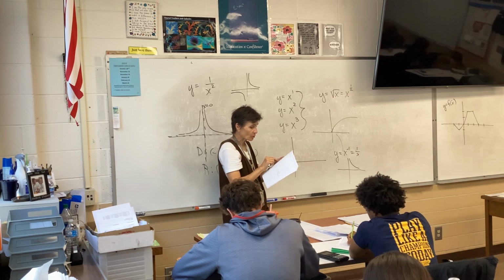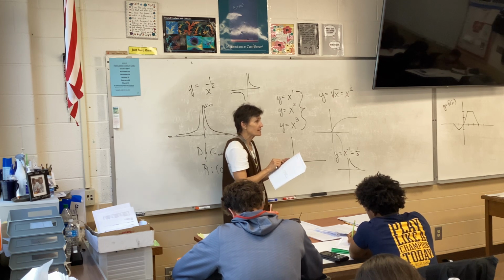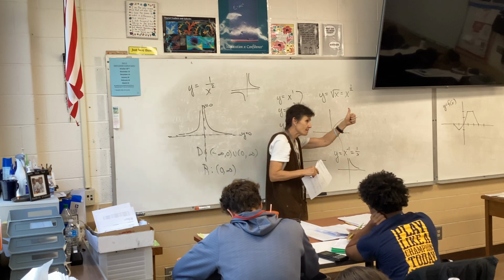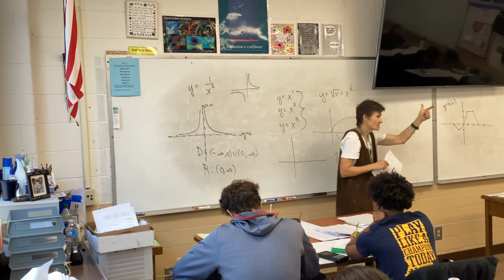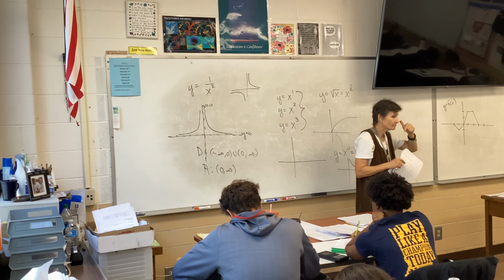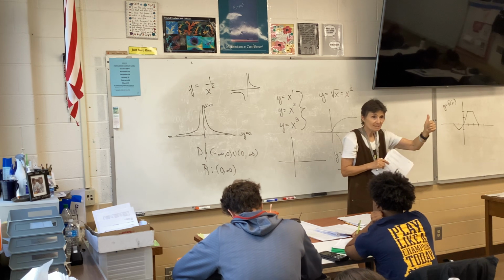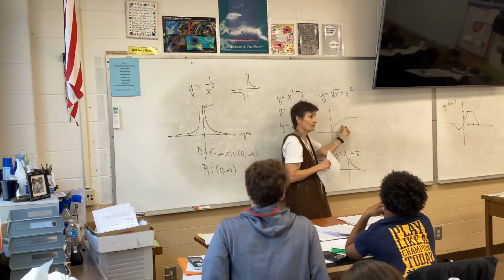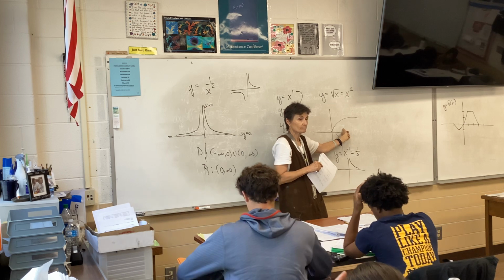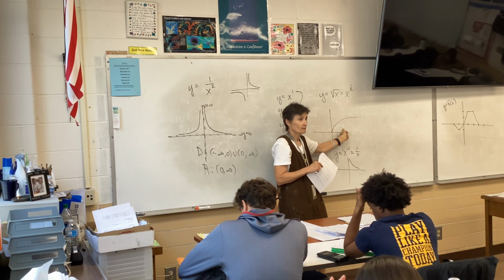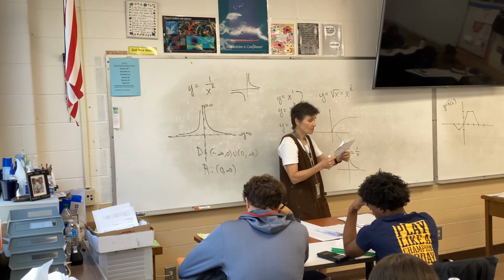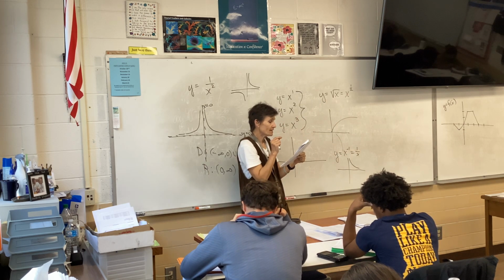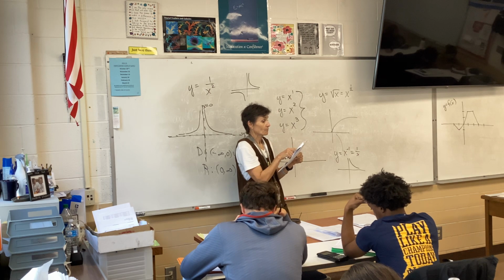Equation E and equation C have the same basic shape because they have a positive coefficient and an exponent between 0 and 1. When you have a positive coefficient and an exponent between 0 and 1, you look like a square root function. Now, what do you think F approximates?